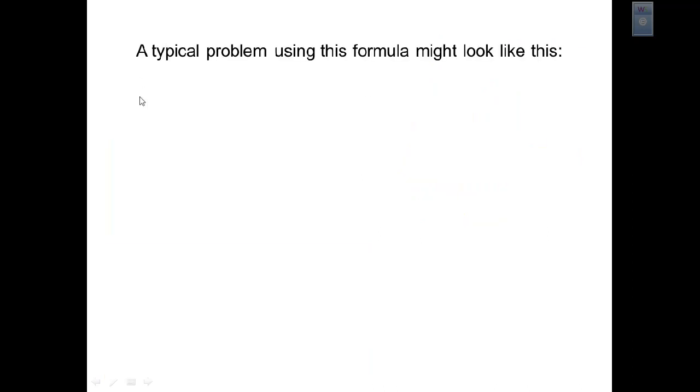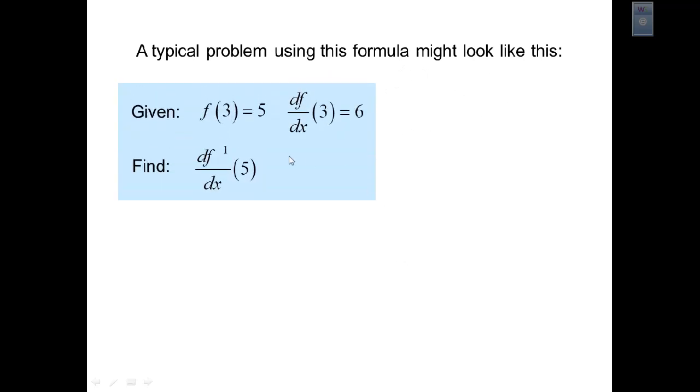All right, now a typical problem using this formula might look like this. We're given f of 3 equals 5, and df dx at 3 is 6. Find the derivative of the inverse function at 5.